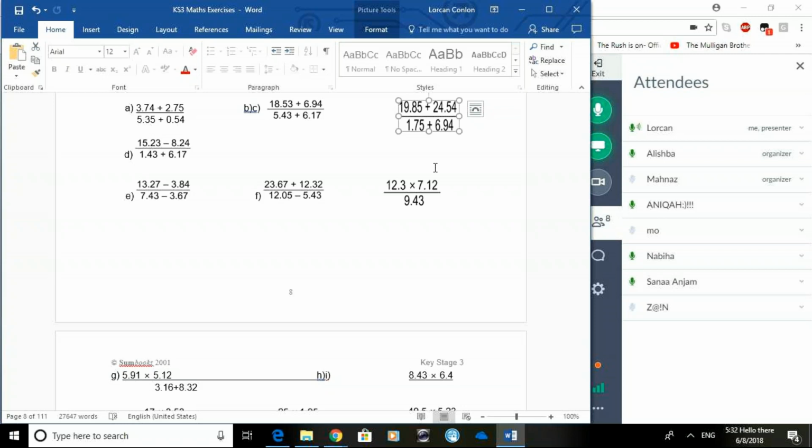And 24.54, I round that to 25. Then I got 1.75, which I round to 2. And 6.94, which I round to 7. Then I got 20 plus 25 out of 2 plus 7, which was 45 out of 9.